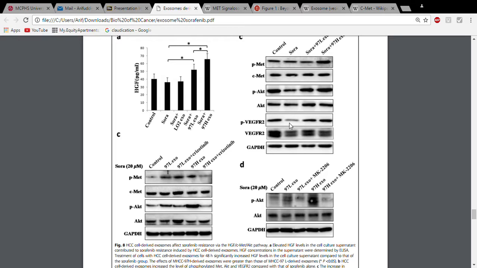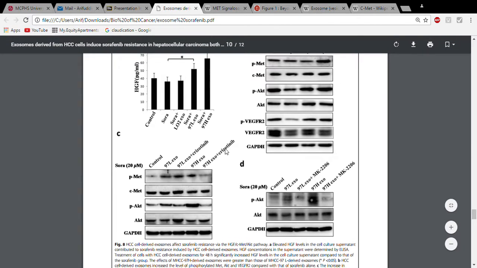But as you can see here, when there's just sorafenib, this is inhibited, but when you add the exosomes, it's less inhibited. So this is more activated in the presence of the exosomes.